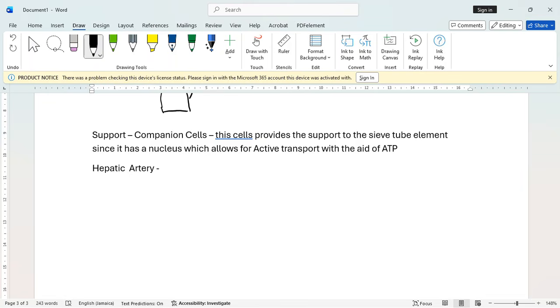So let's dive into it. One of the things that arteries do, with the exception of one that we're going to be looking at. So the hepatic artery carries oxygenated blood. The liver, right?